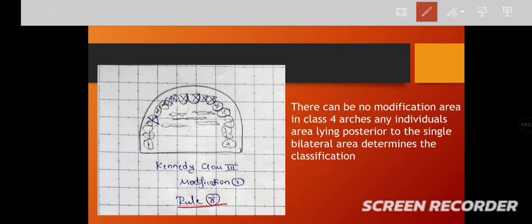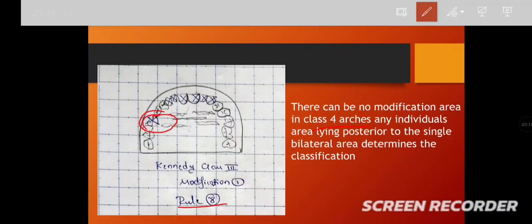Rule number 8 tells that there can be no modification area in class 4 arches. So any individual area lying posterior to the single bilateral area determines the classification. I already told you in rule number 5 that the most posterior edentulous space will determine the classification.